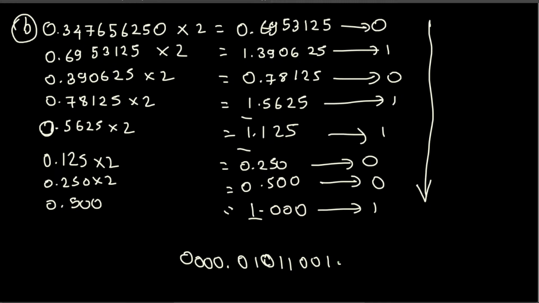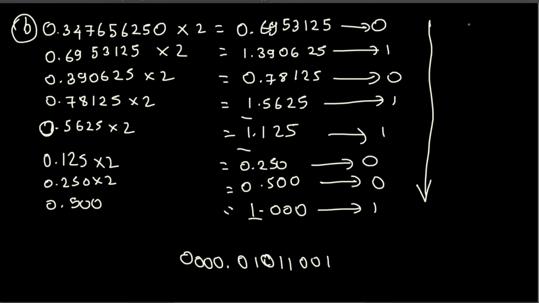To make it 8 bits, you can add 0 on the left. Like let's say the answer required to be 9 bits, then you can add 0. If the answer required to be 10 bits, you add 1 more 0. So adding more zeros on the left side of the fraction doesn't change anything.